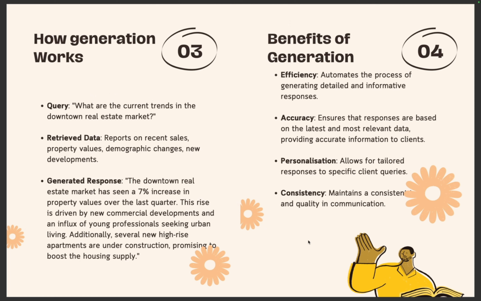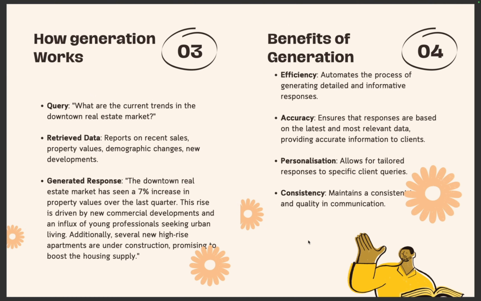The retrieval component would peruse the different reports that exist within the database, looking at property values, demographic changes, and any new developments. And then the generation stage will convert any of that retrieved information into something like, the downtown real estate market has seen a 7% increase in property values over the last quarter, and the rise is driven by new commercial developments, and all of that type of text. That can only happen with a large language model.